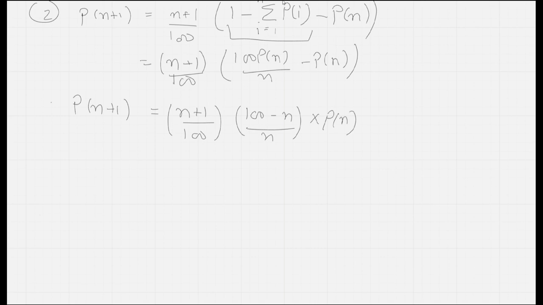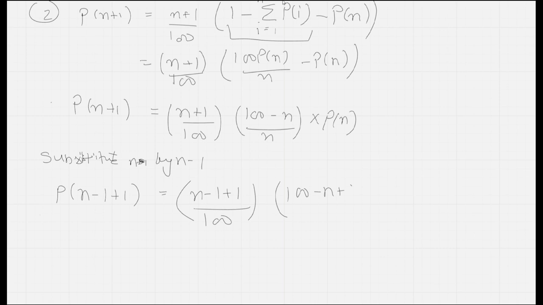Okay. Now let's write this equation in terms of n. Just substitute this another. n plus 1 by n, actually n by n minus 1, that would be better. So this would be P of (n minus 1) plus 1, which equals (n minus 1 plus 1) upon 100 into (100 minus n plus 1) upon (n minus 1) into Pn.